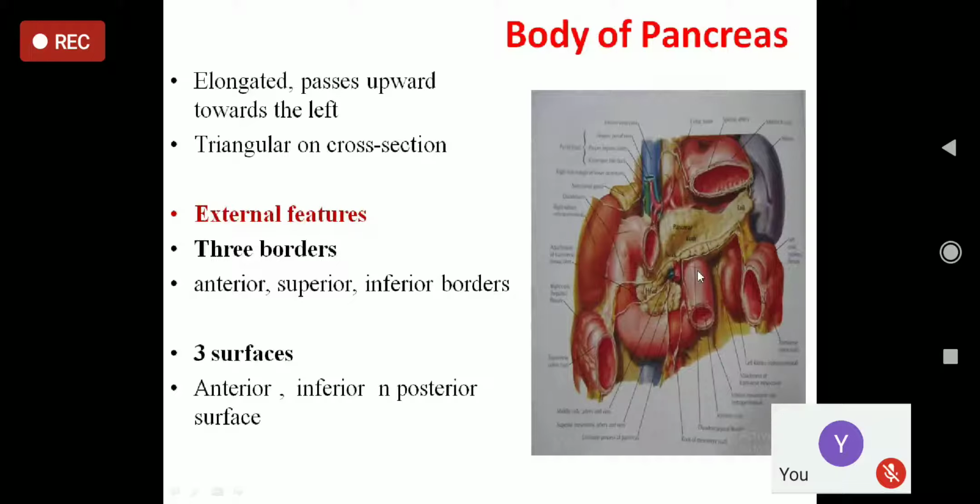And the three surfaces are the anterior surface or anterior superior surface, the inferior surface or anterior inferior surface, and behind is the posterior surface. So these are the borders: superior, anterior, and inferior. Surfaces are anterior, inferior, and behind is the posterior surface.